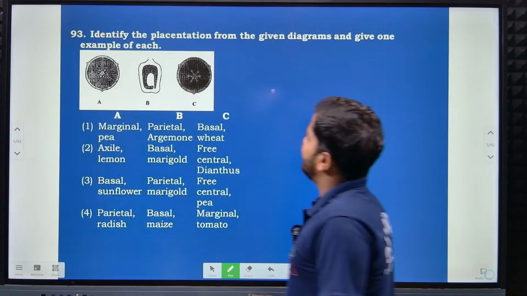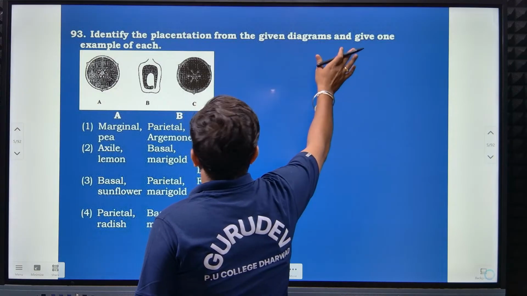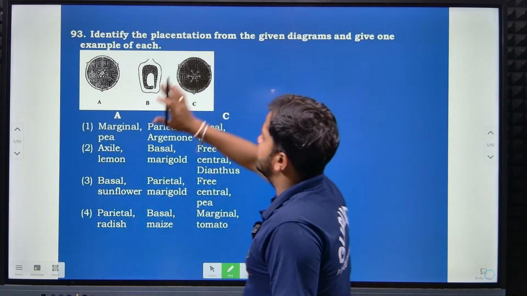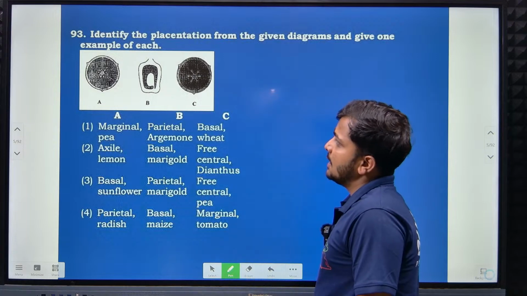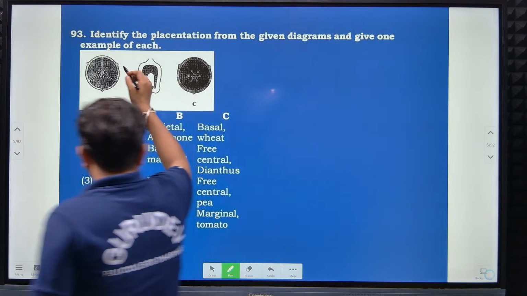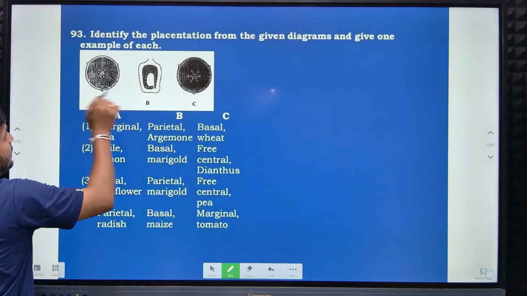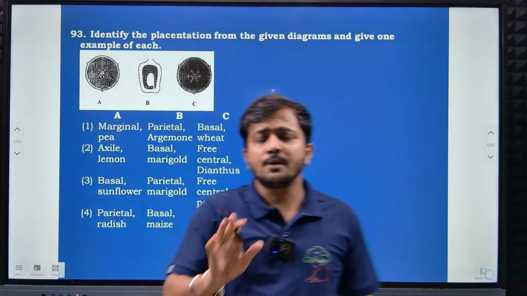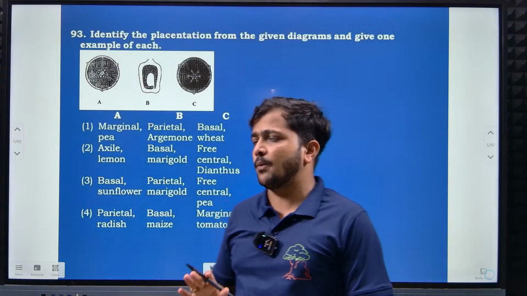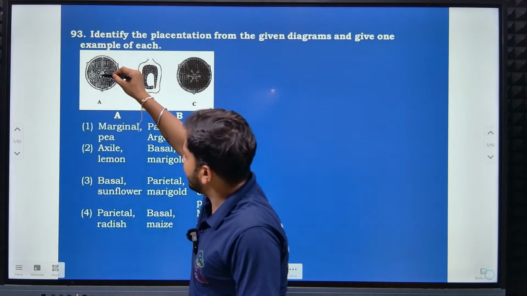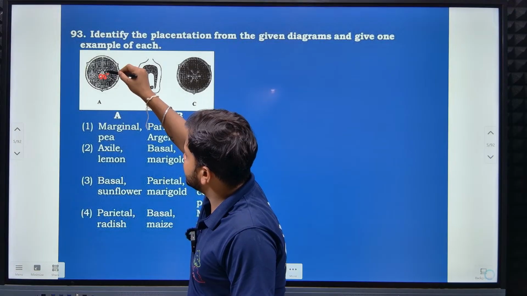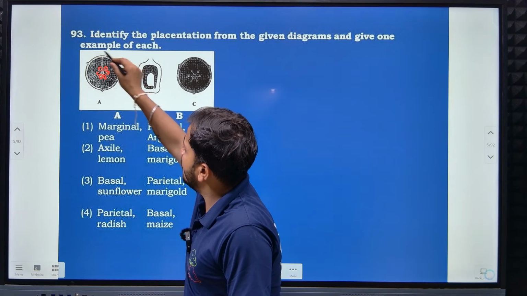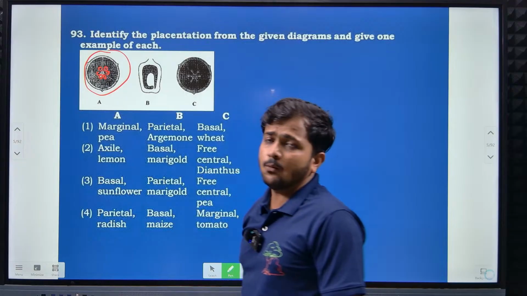Then identify the placentation from the given diagram and give one example of each, right? If you consider the ovary, what is placentation? Placentation is nothing but the arrangement of ovules within the ovary, right? Whatever I am seeing diagrammatically here, these structures are ovules and overall this is the ovary, right?